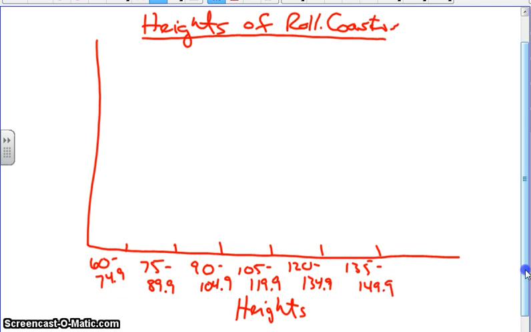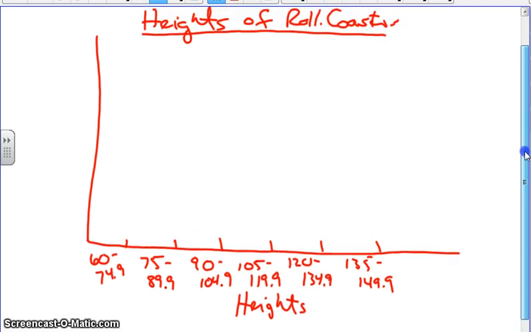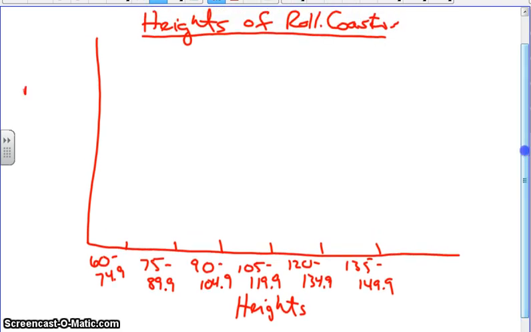Okay, and then what do we have on the y-axis? We have the what? Good. So we're showing the frequency of roller coasters, which is also the number of roller coasters. And what was the interval with the greatest number? What was that number?